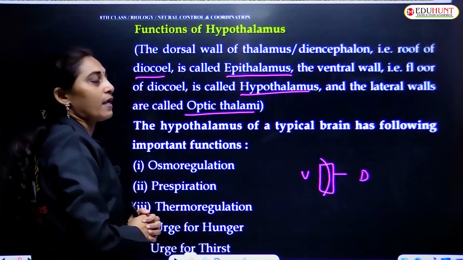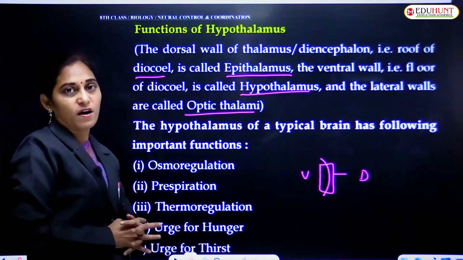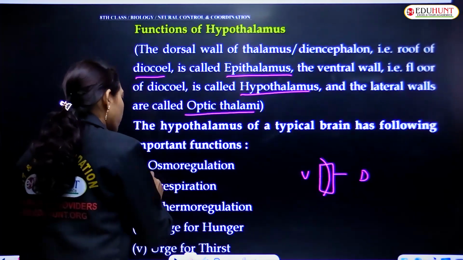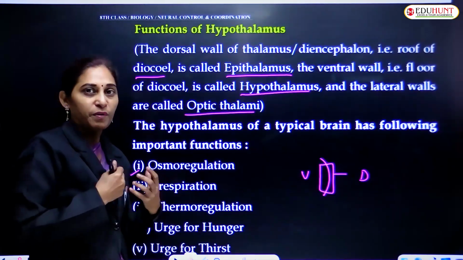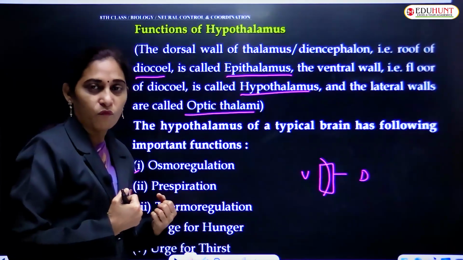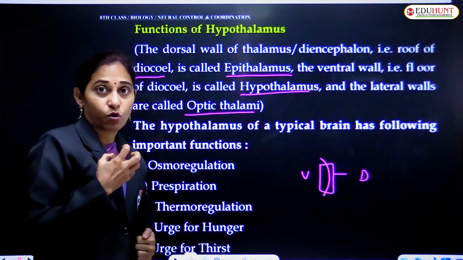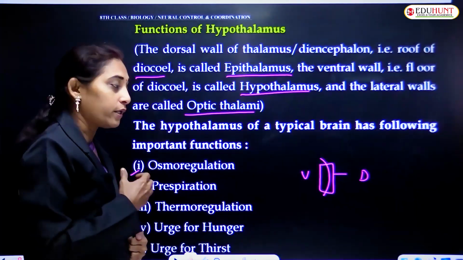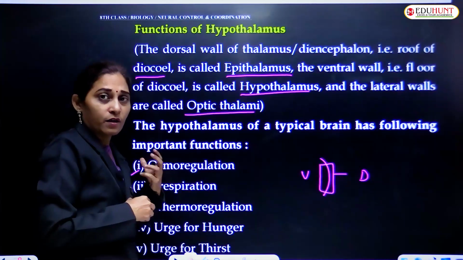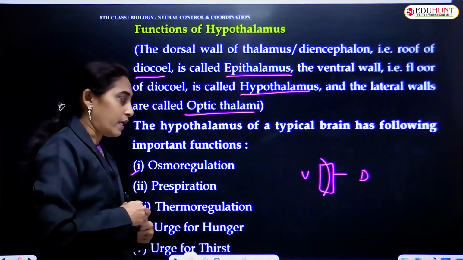The hypothalamus of a typical brain has many functions, like osmoregulation, perspiration, and also thermoregulation, that is control of body temperature. Osmoregulation is control of the salts present in the body and the osmotic pressure. All these functions are under the control of the hypothalamus.